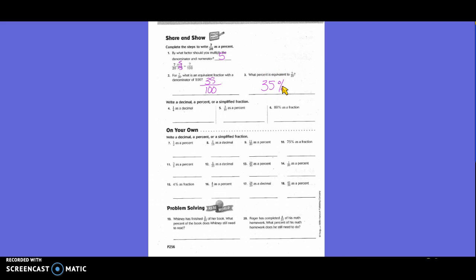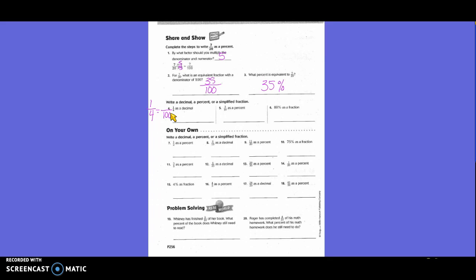Write a decimal, a percent, or a simplified fraction. So 1/4 as a decimal. So we have 1/4. We need to get it into a decimal, but we need to get an equivalent what first? Fraction, right? So what does our new denominator need to be? 100.